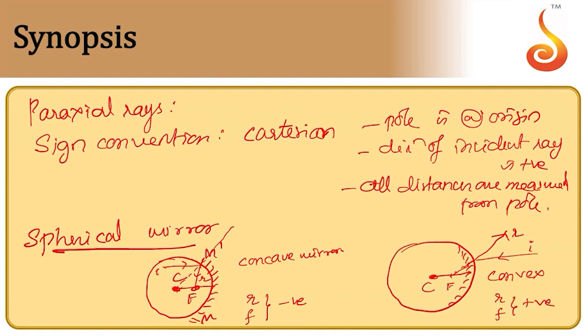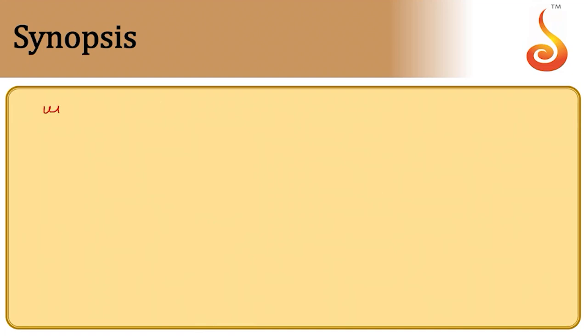The mirror formula relates the object distance and the image distance to the focal length. F is the x coordinate of the focus, U is the x coordinate of the object, and V is the x coordinate of the image. We call them object distance, image distance, and the focal length.